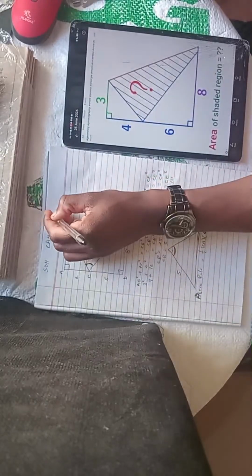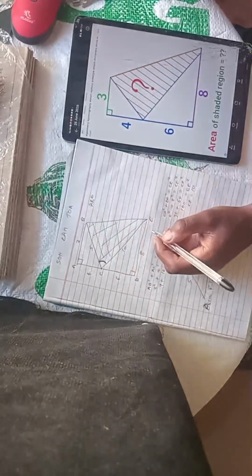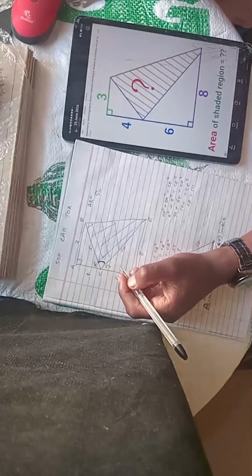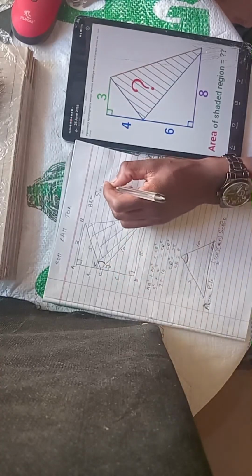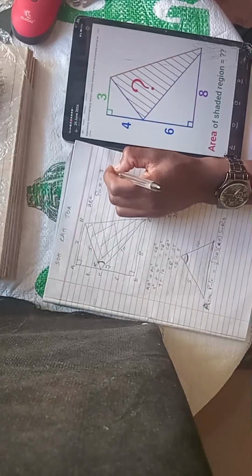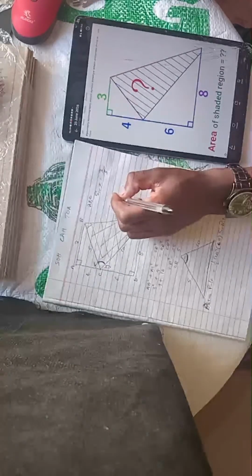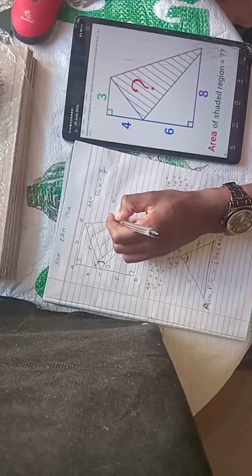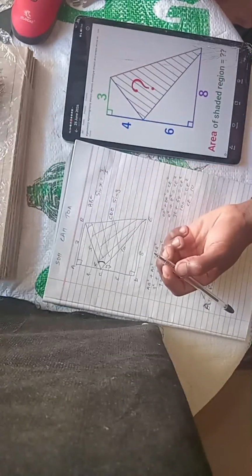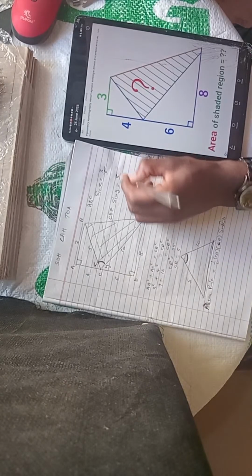From following the rules of SOH CAH TOA, if we come to the first triangle, which is ABC, let's just call this X, and let's call this Y. The sine of X is equals to the opposite of X, which is 3, over the hypotenuse, which is 5. And for Y, now considering triangle CDE, the sine of Y is equals to the opposite, which is 8, over the hypotenuse, which is 10.